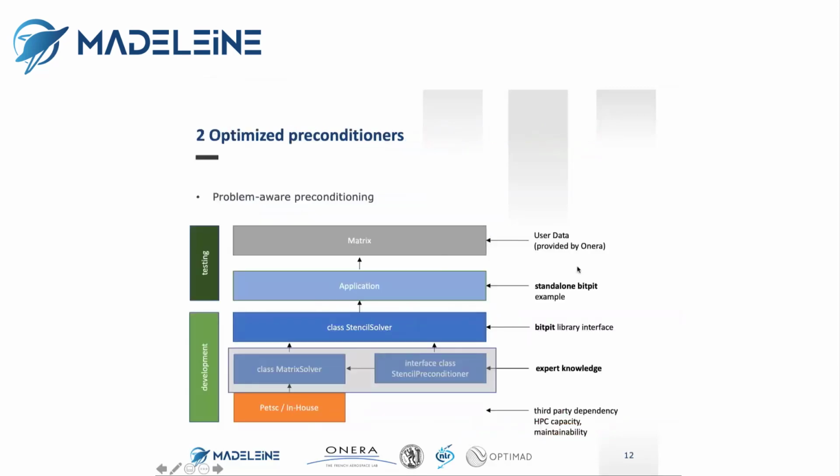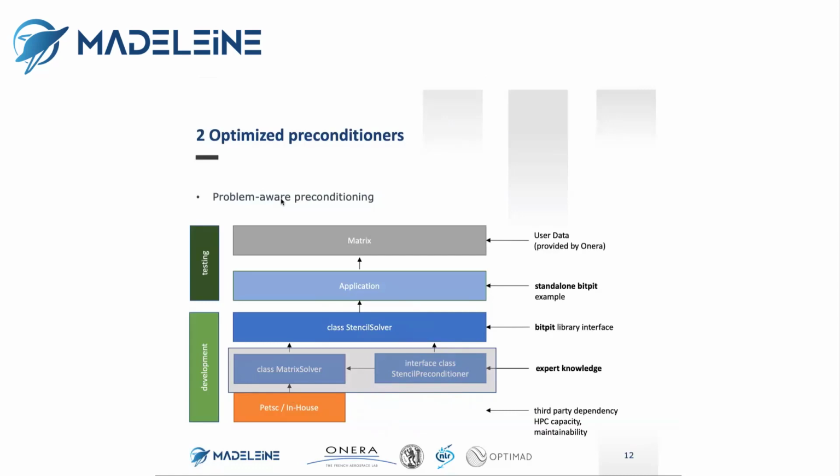In the same sense, here in Optimad, we worked on the preconditioning of these matrices in order to see if, by enhancing the capabilities developed by Onera, we can push the efficiency even further by developing preconditioners.